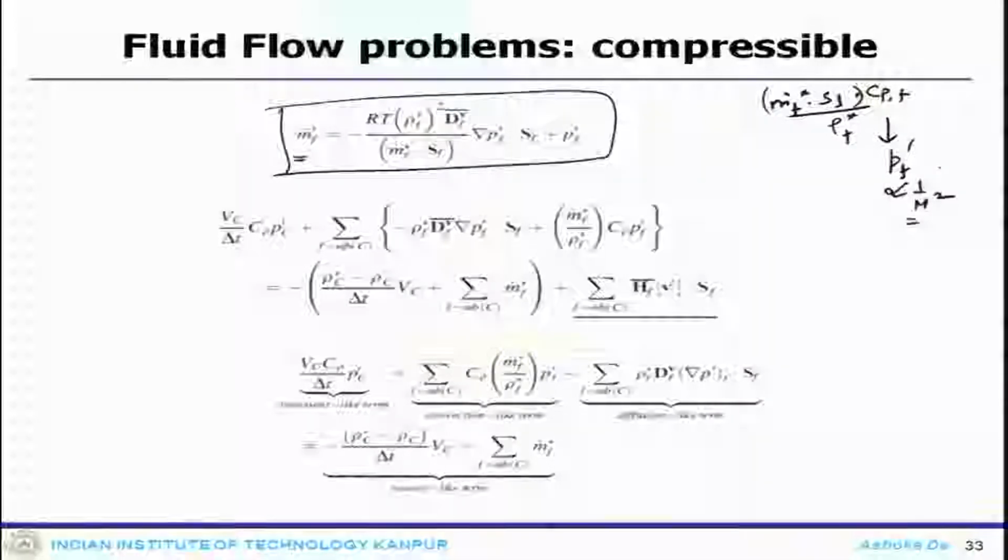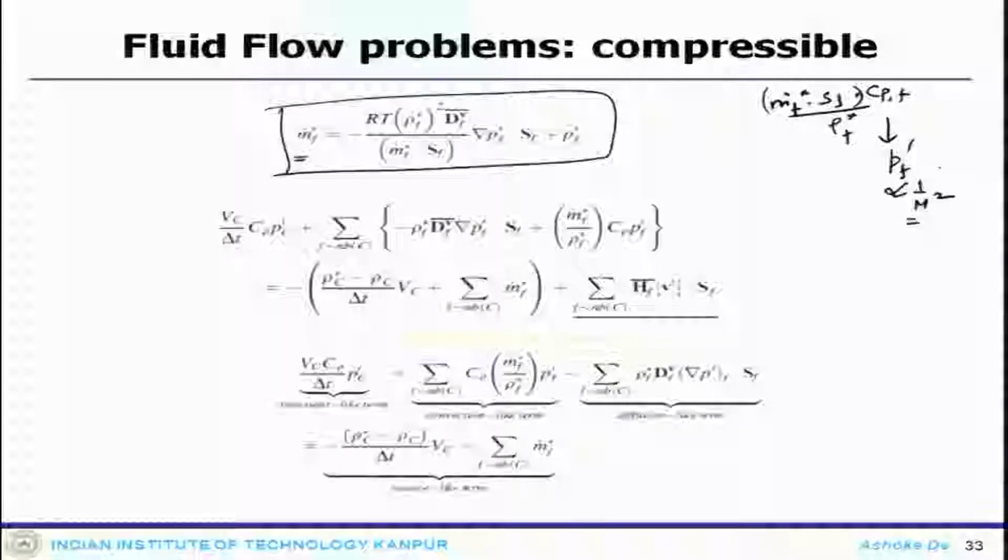This combined behavior allows the prediction of fluid flow at all speeds. That means there is a strong correlation between Mach number and pressure, and that changes the system behavior accordingly. For low Mach number cases, rather incompressible cases, the delta p prime equation behaves like an elliptical system, but for high Mach number cases, it behaves like a hyperbolic system.